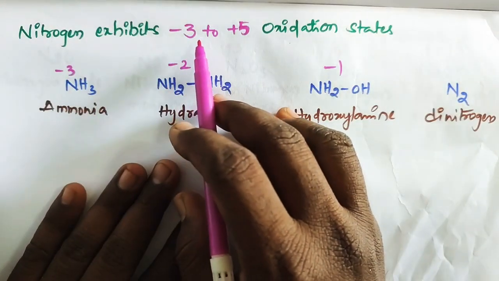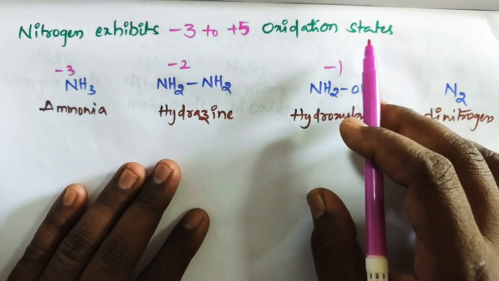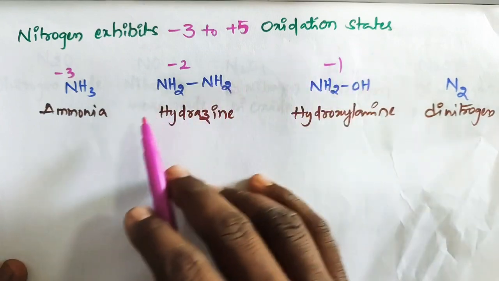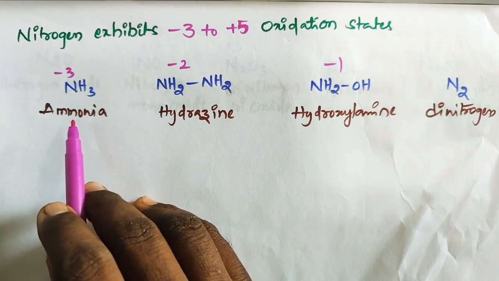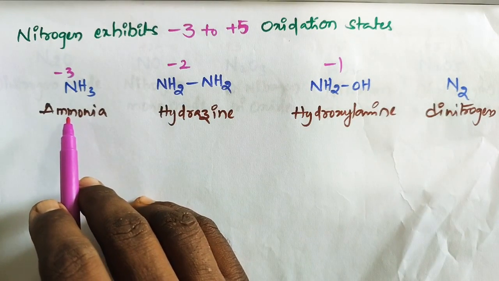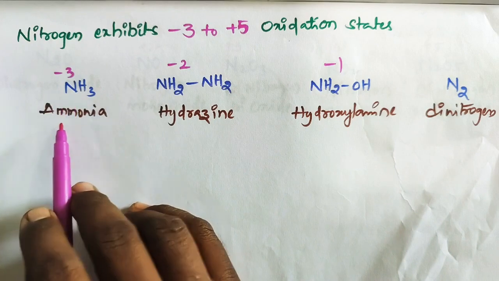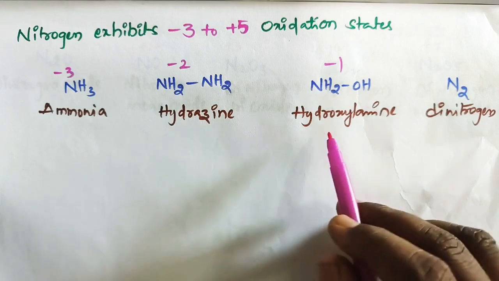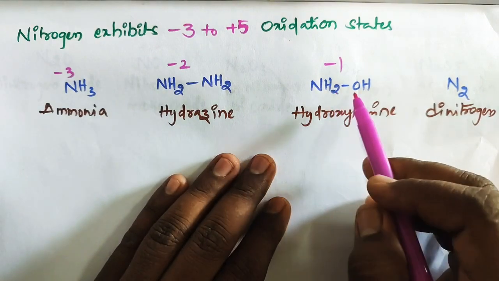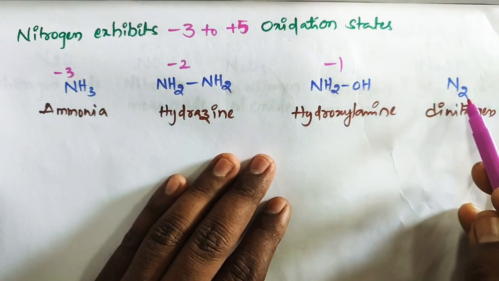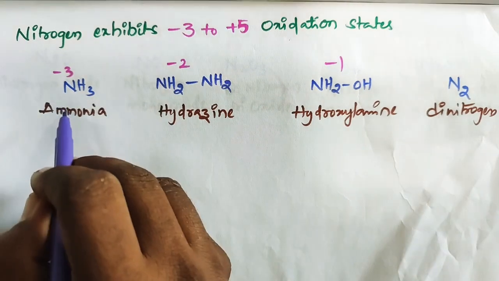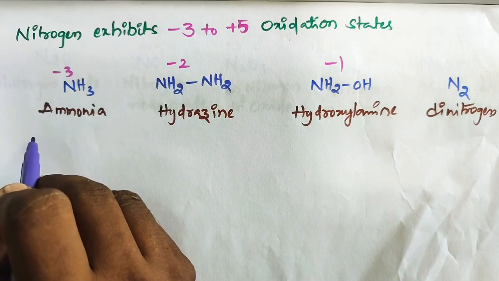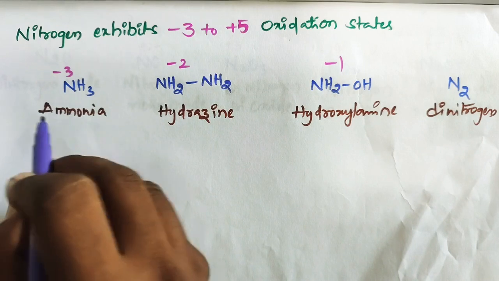Nitrogen exhibits -3 to +5 oxidation states. Now we have some examples: NH3 ammonia, NH2-NH2 hydrazine, NH2OH hydroxylamine, and dinitrogen N2. In this, ammonia shows the -3 oxidation state, which is calculated by a formula.